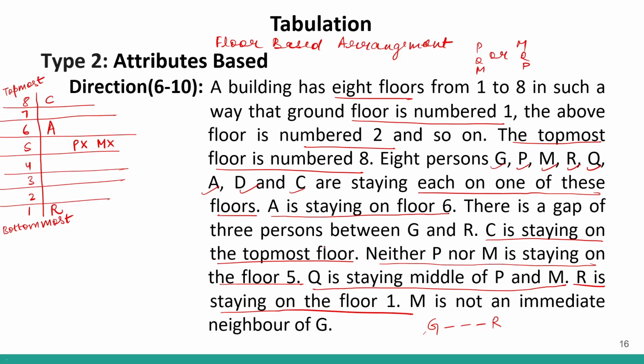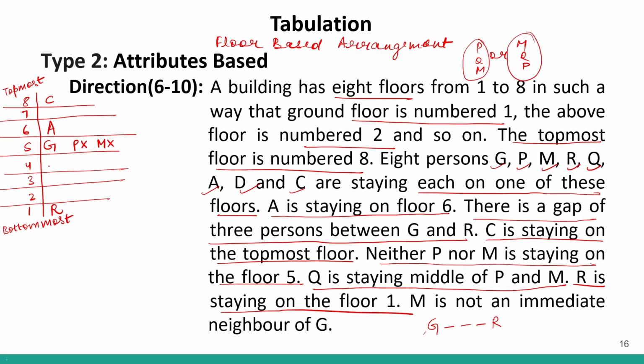Correct? This is given. Now, let us use the information that there is a gap of 3 persons between G and R. That means 1, 2, 3, G will come over here. Now, we have two arrangements, PQM and MQP.